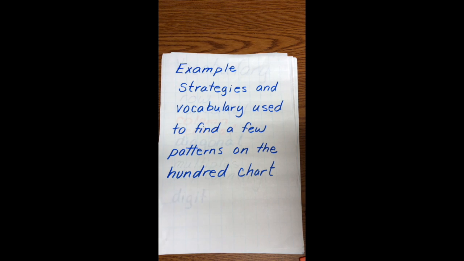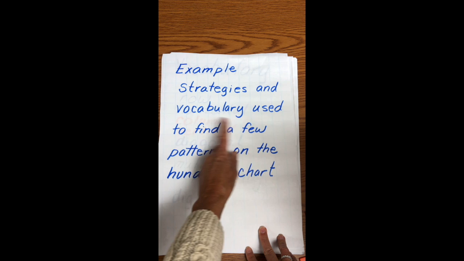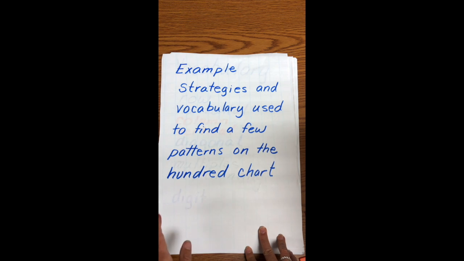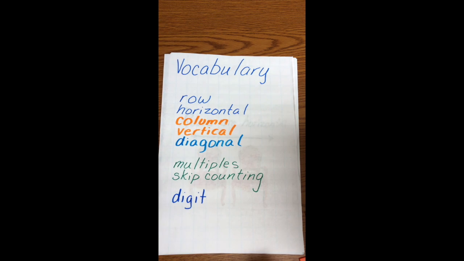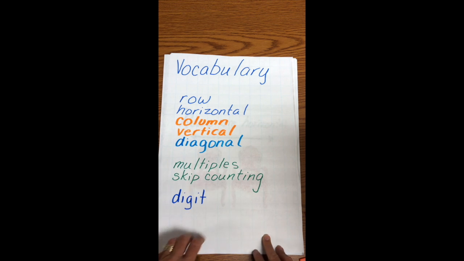All right, so here's some example strategies and vocabulary used to find a few patterns on the hundreds chart. The vocabulary that was used was row, horizontal, column, vertical, diagonal, multiples, skip counting, and digits.